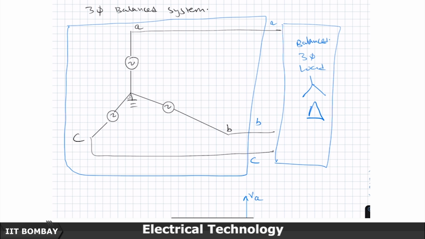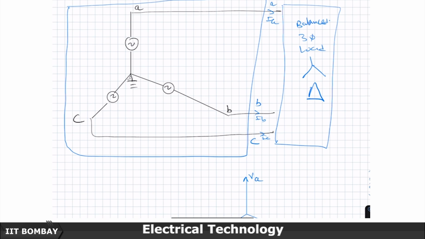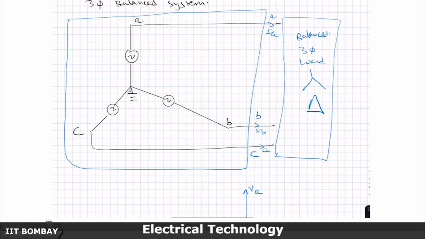Then, if this current is IA, this is IB and this is IC, the current flowing in these lines from my supply to the load I will call line current, these are called the line terminals, and the voltage developed across them I will call line voltage.